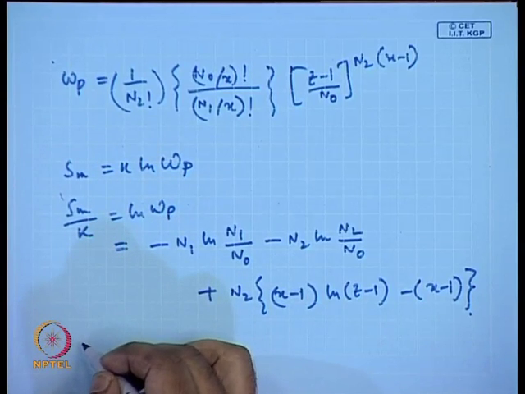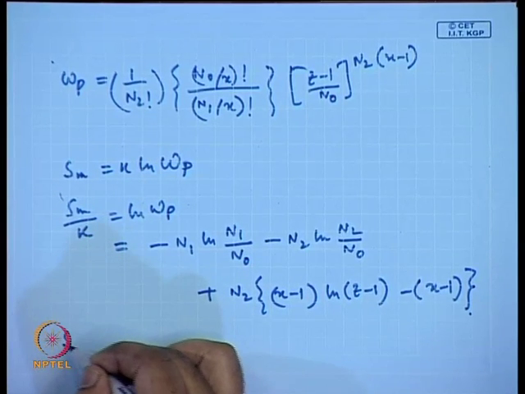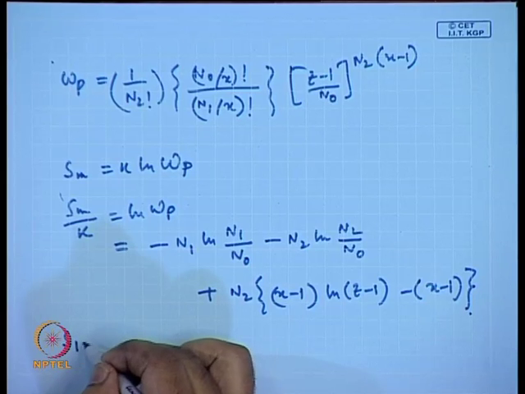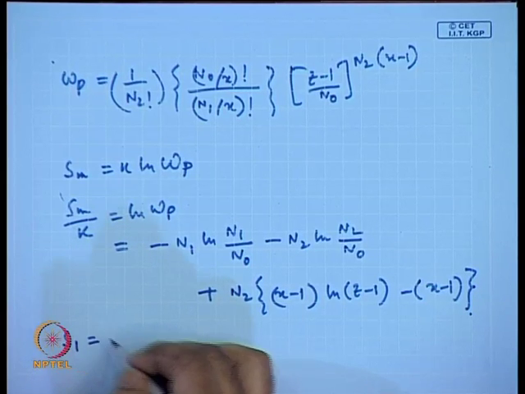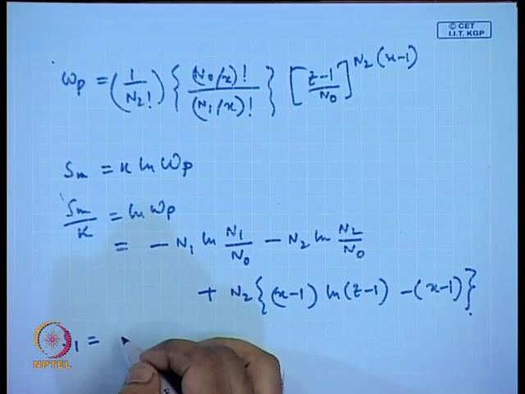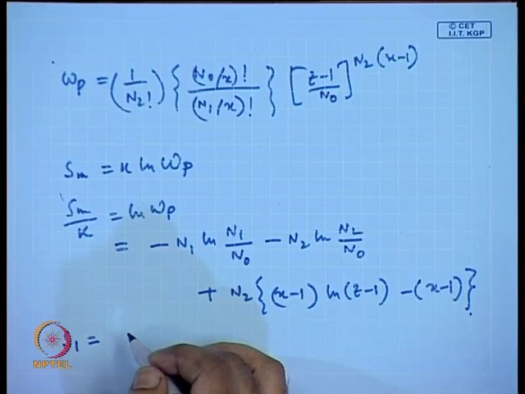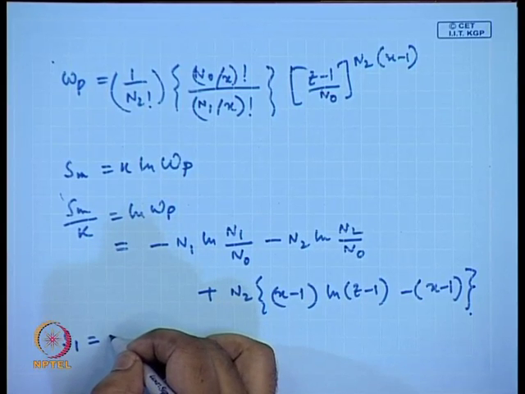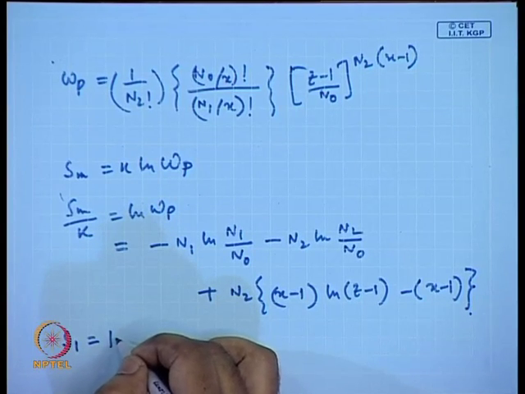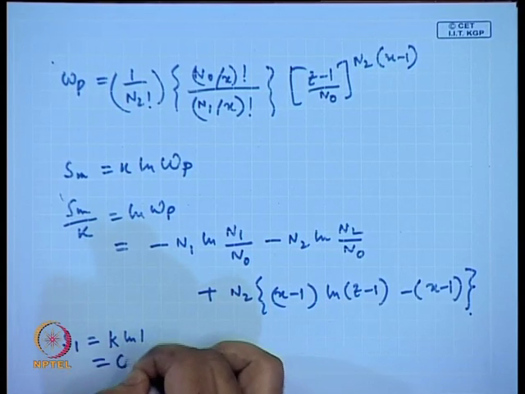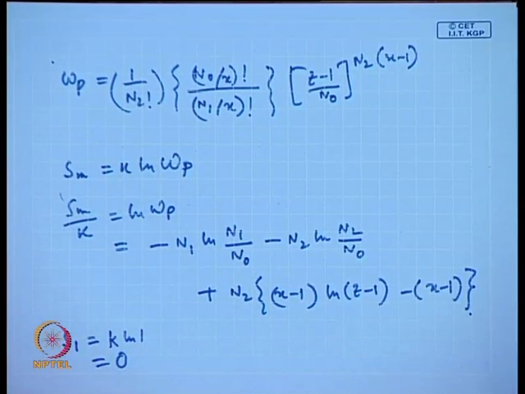What will be the combinatorial entropy for the solvent? Again, the number of ways you can arrange the solvent molecules is 1. So, it will be k ln 1, which is 0, the number of different ways you can arrange the solvent molecules.